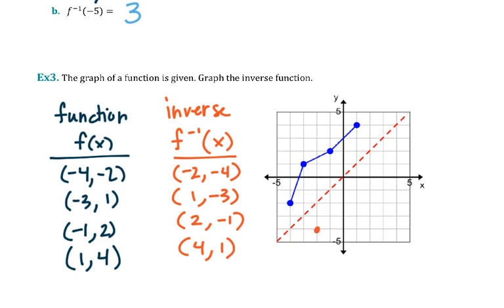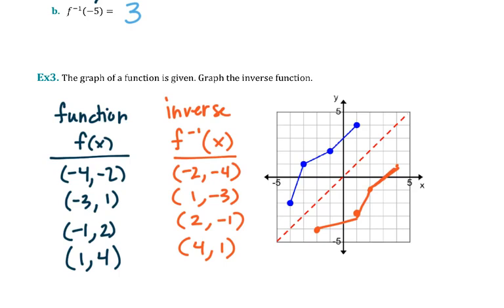So all I did was switch all my x and y values. So if I plot -2, -4, 1, -3, 2, -1, and 4, 1, I get a graph that looks like this.